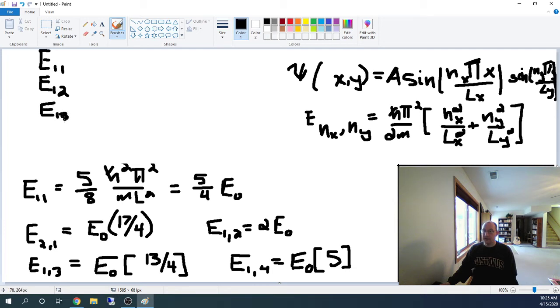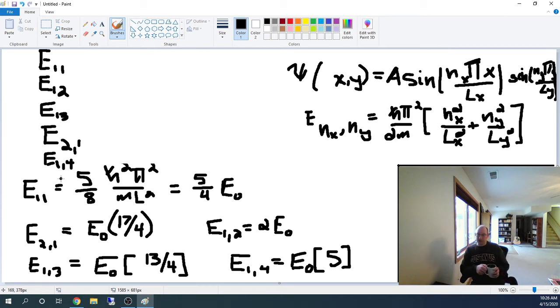So there's the ground state, first excited state, second excited state. The third excited state would actually be E21. Finally, we get a chance to increase. And then after that, it becomes E14, and so on and so forth. So this would be the order of our energies.